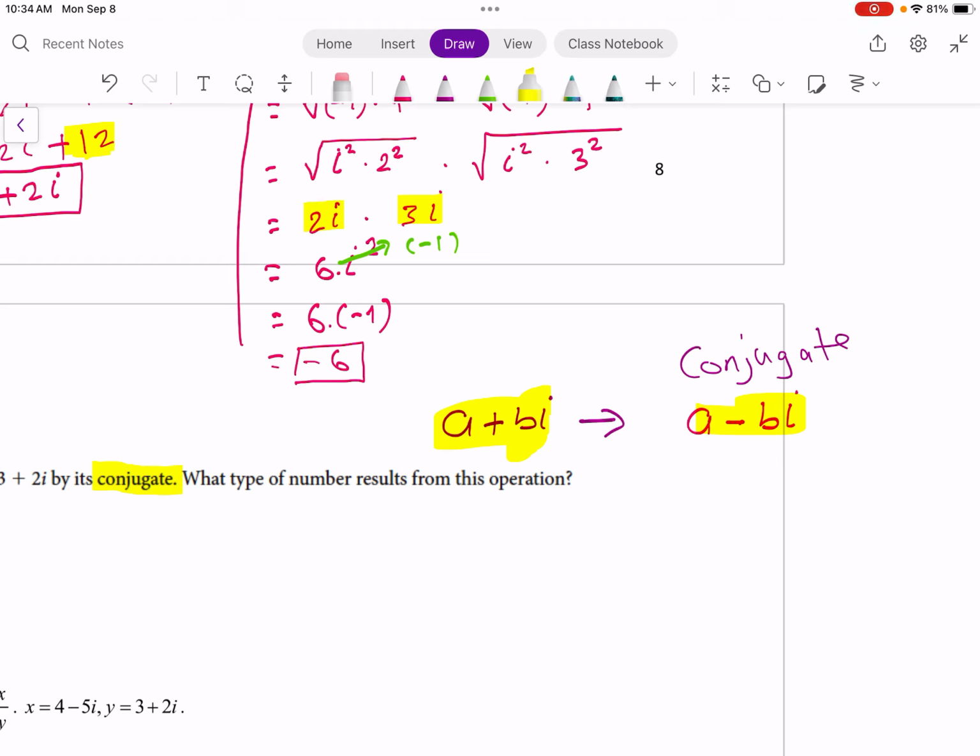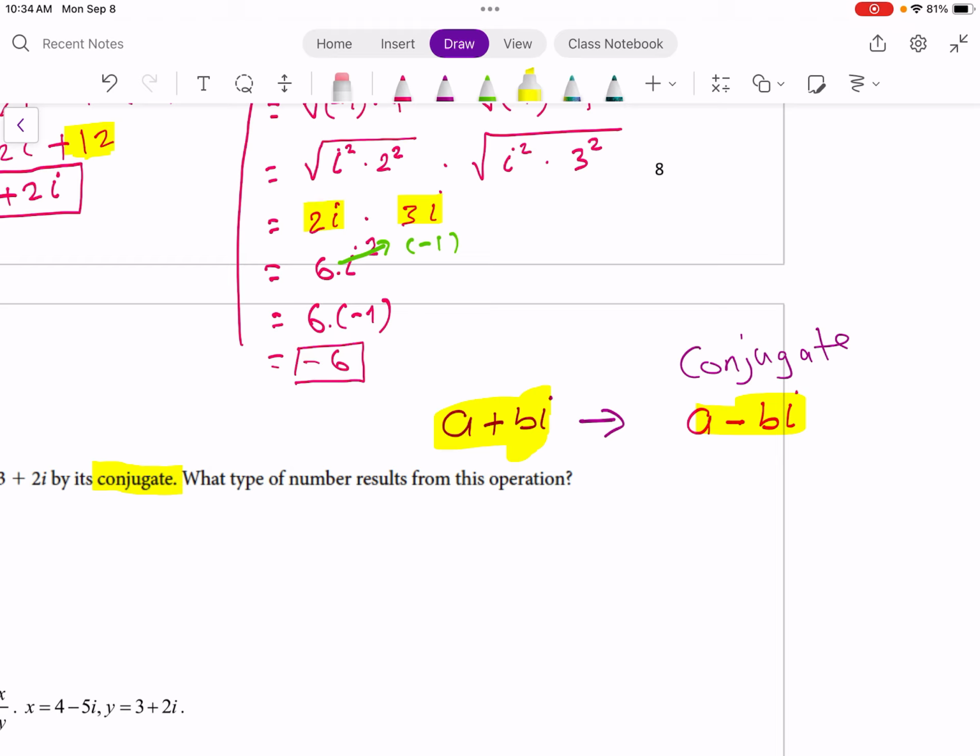If you have negative i as a number, what will be its conjugate? We have a negative i, you just switch the sign of the i term, make it positive. So positive i is the conjugate. What about negative i plus 4?